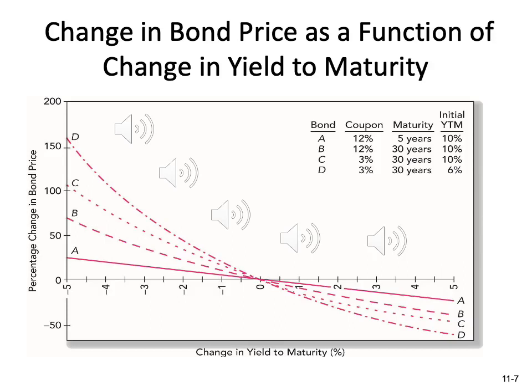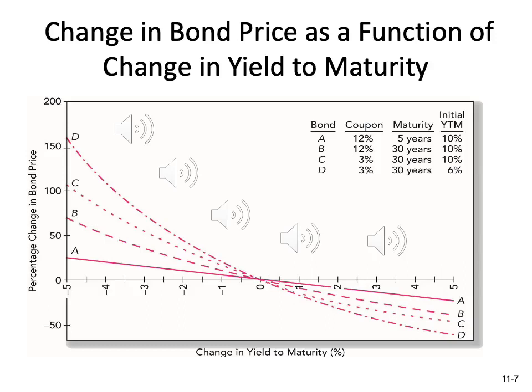Means the last year's coupon payment plus the face value is going to account for a huge portion of the total cash flows for bond C, while bond B has higher coupon payment, means in early years you are getting a bigger portion of the coupon.